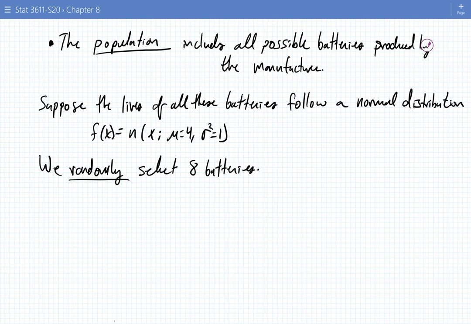And if we do this randomly, their individual lives, we'll say x sub 1 is the notation for the life of the first battery, the life of the second battery, x sub 2, and so on and so forth, the life of the 8th battery in the sample, x sub 8, are independent random quantities.